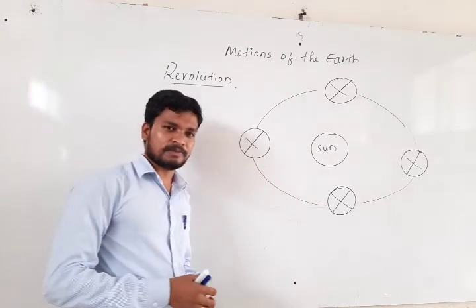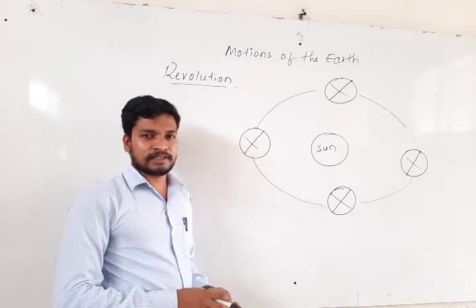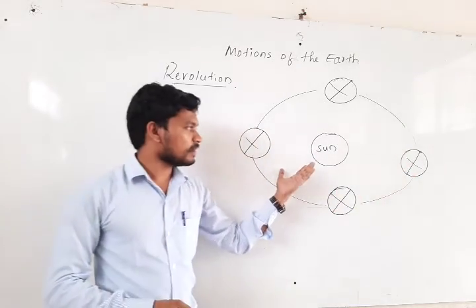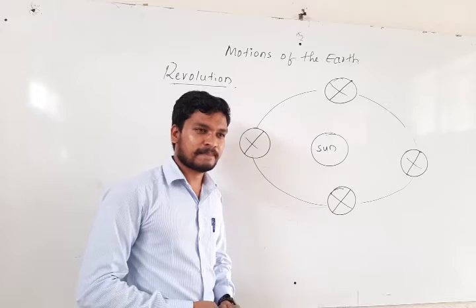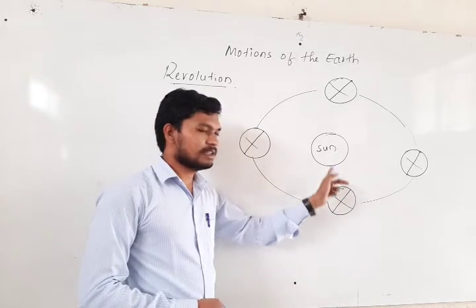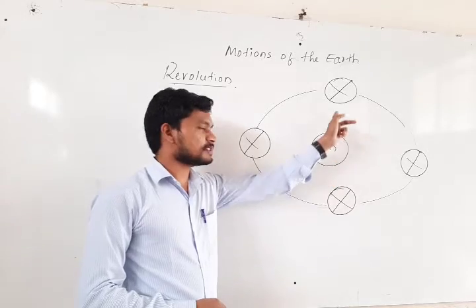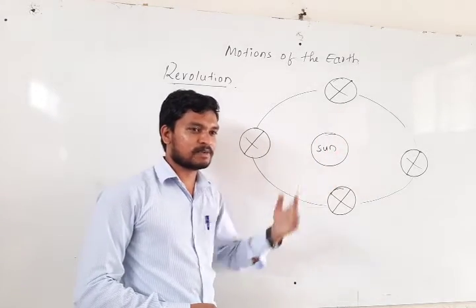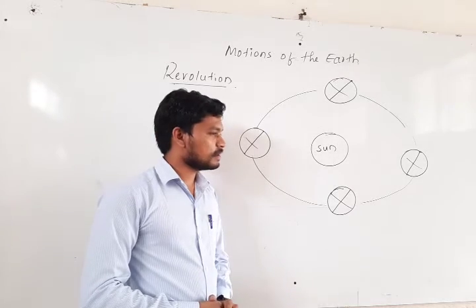How many Earths do we have? Yes, we have 4 Earths in the solar system diagram. And which one is ours? How do you say it is ours among these 4? All are ours.